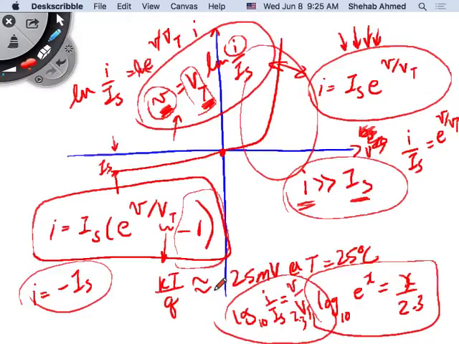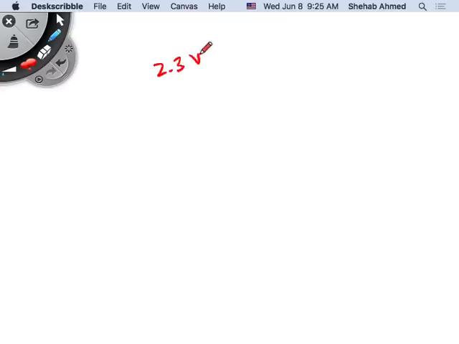And I will find some use for some of this stuff next. We will find that this 2.3 Vt is a nice interesting number, because 2.3 Vt is equal to what? Vt we said is equal to 25 millivolts at room temperature. So 2.3 Vt is equal to 2.3 times 25.